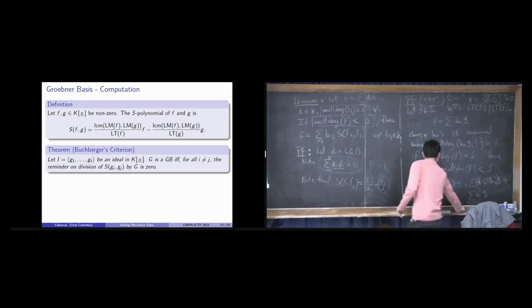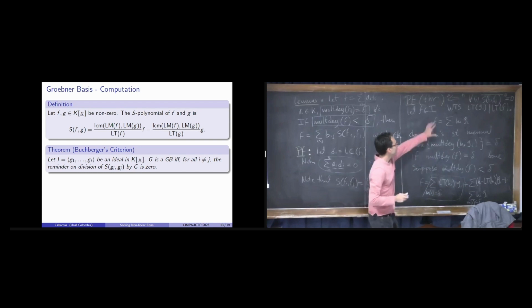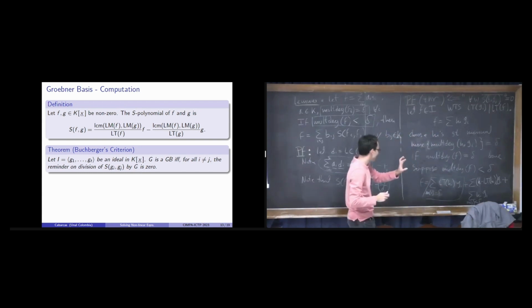So what we're doing is isolating the part of the sum that has exactly multi-degree delta.